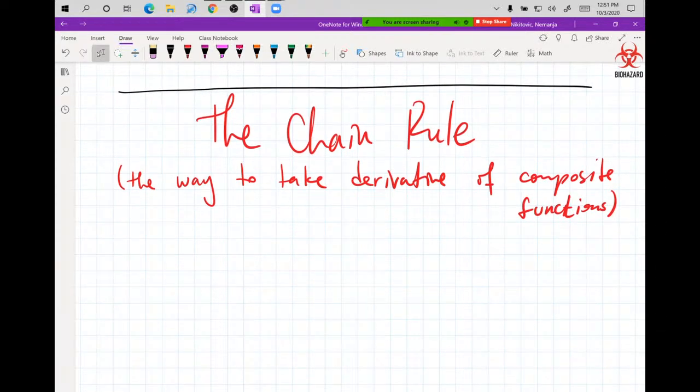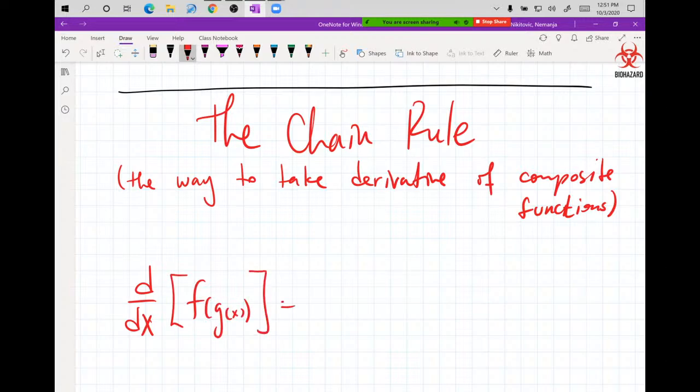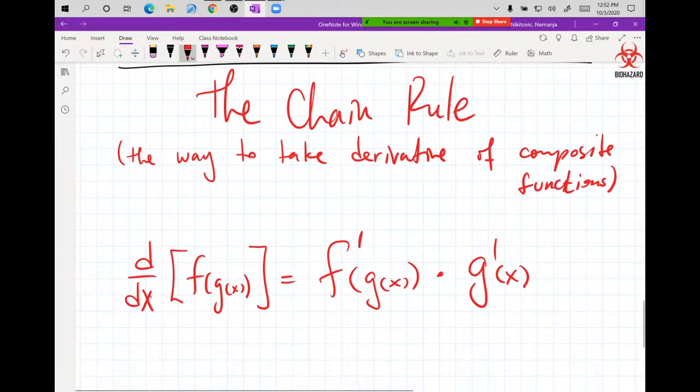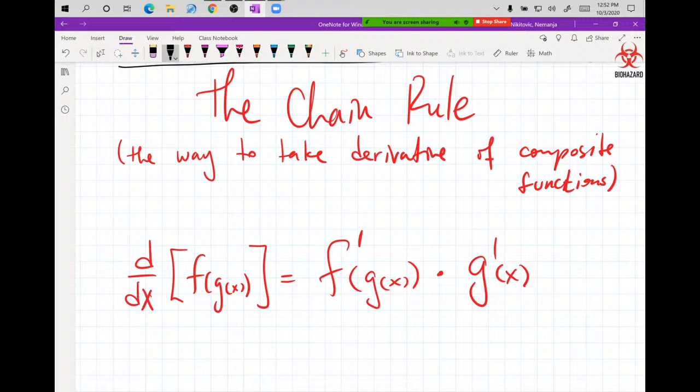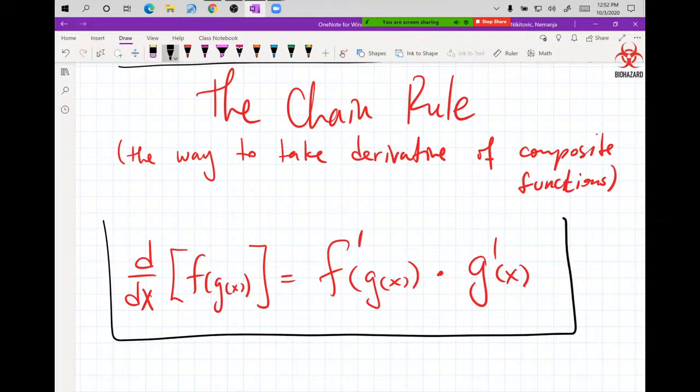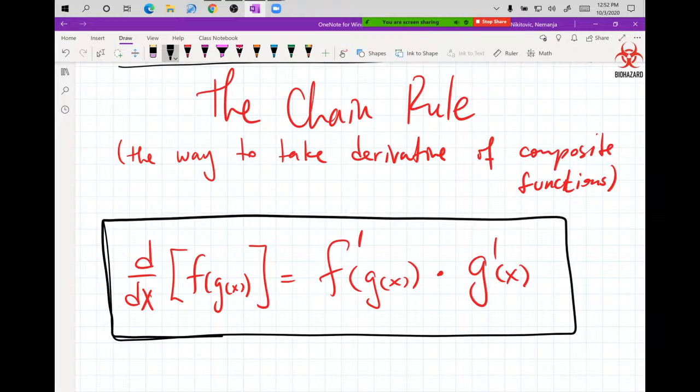And here we go. The derivative with respect to x of f of g of x, a composite function, is the derivative of the outer function, with g still plugged in, times the derivative of the inner function. So that's the formula.